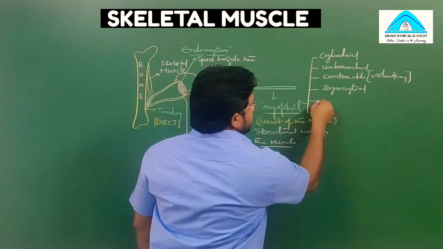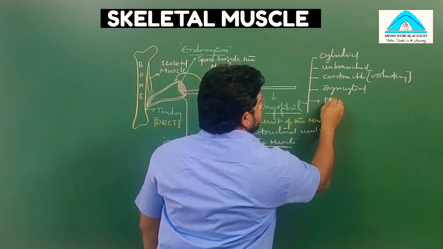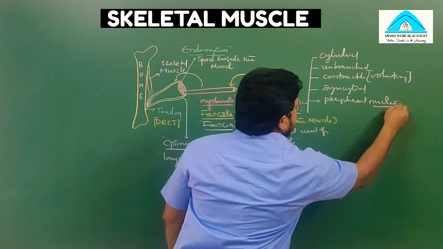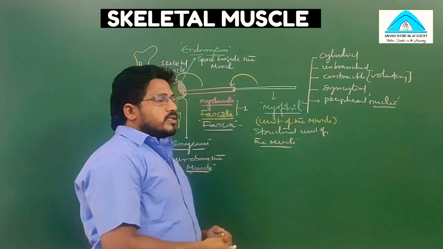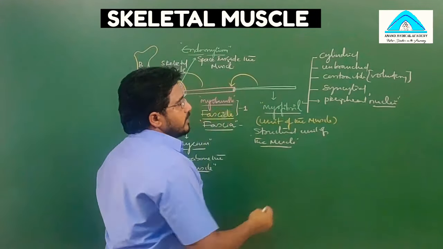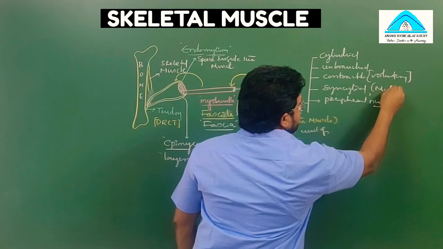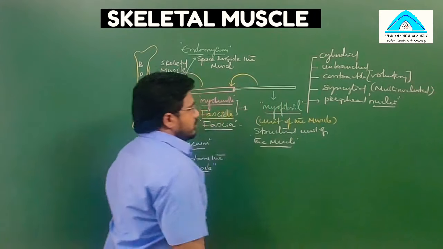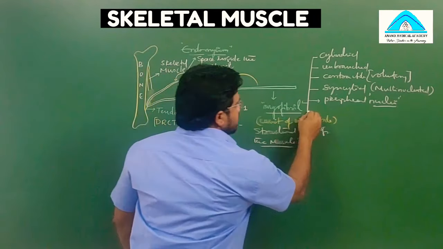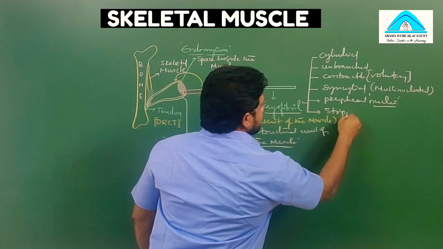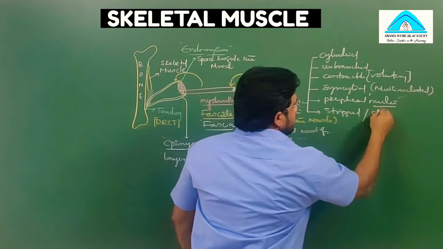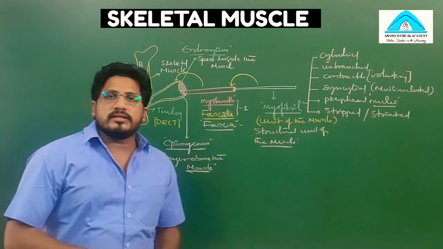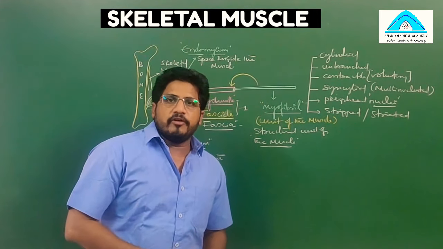Then myofibril is striped, meaning striated. They have cross lines. All these will be observed in the ultrastructure of the myofibril.